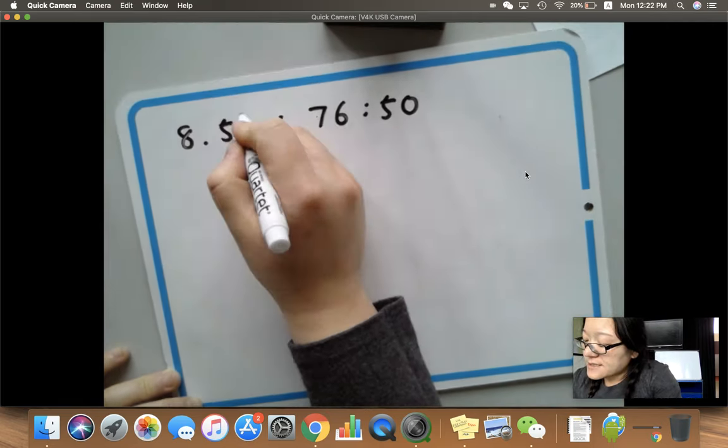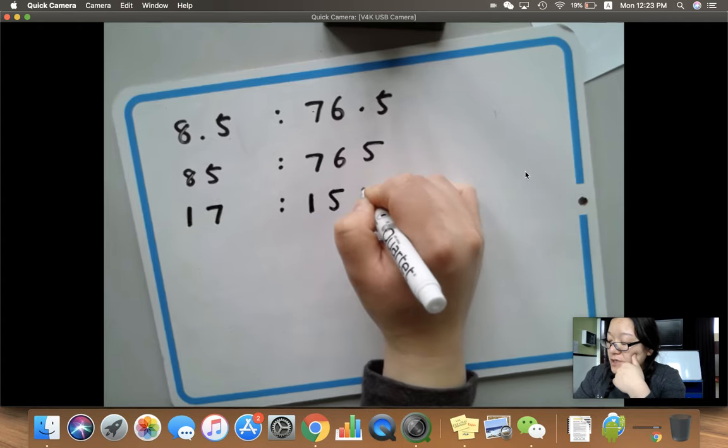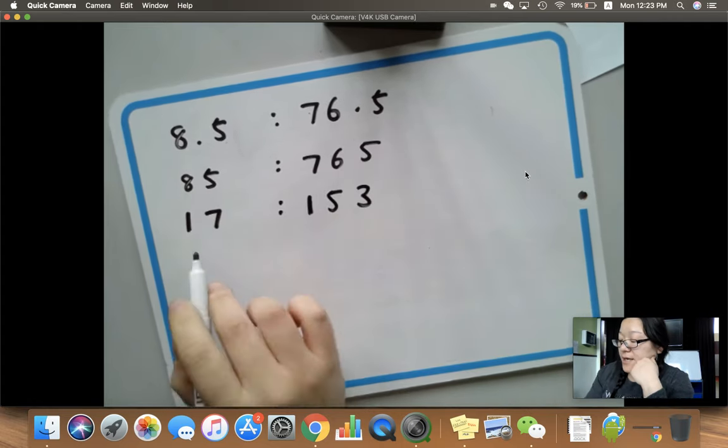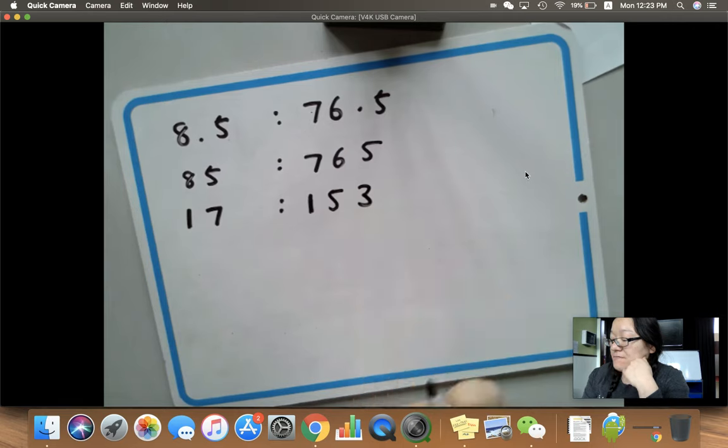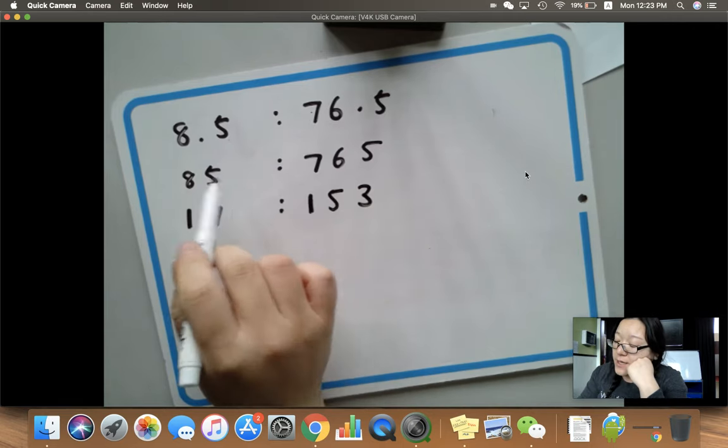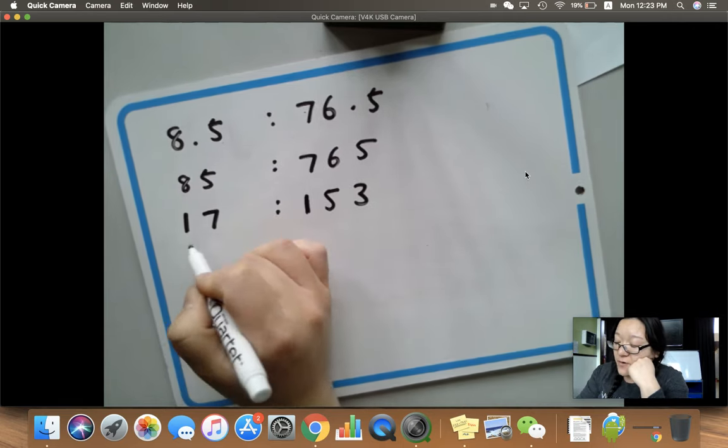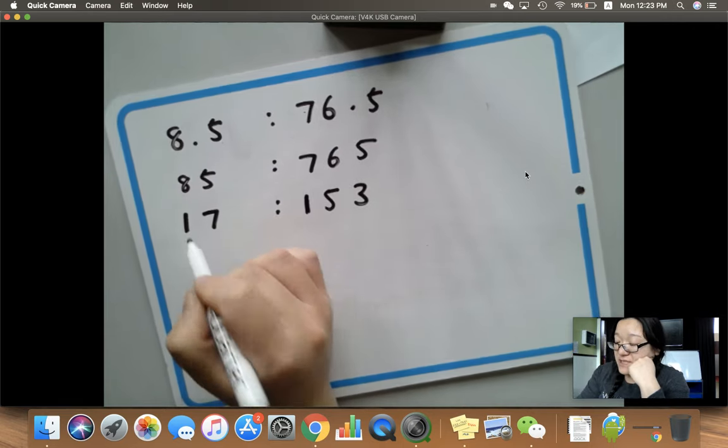All right, and then 765 divided by 5 is 153. Okay, so 17 to 153 is the final ratio. Can I make it any more simplified? I know I can't because 17 is a prime number, so I can't make it any smaller by dividing it by anything else. So the final answer is 17 to 153 is the most simple form of that.